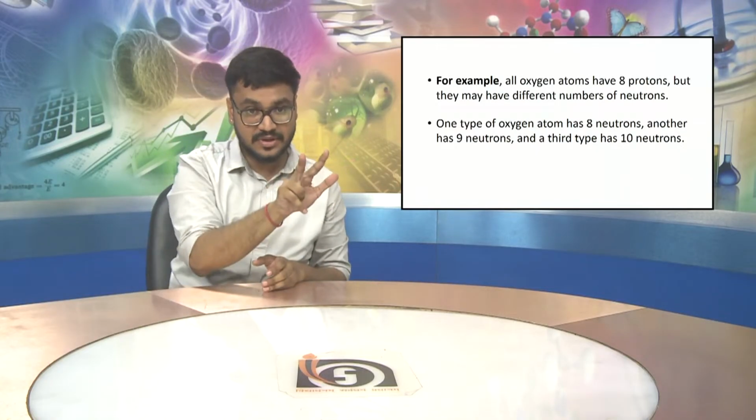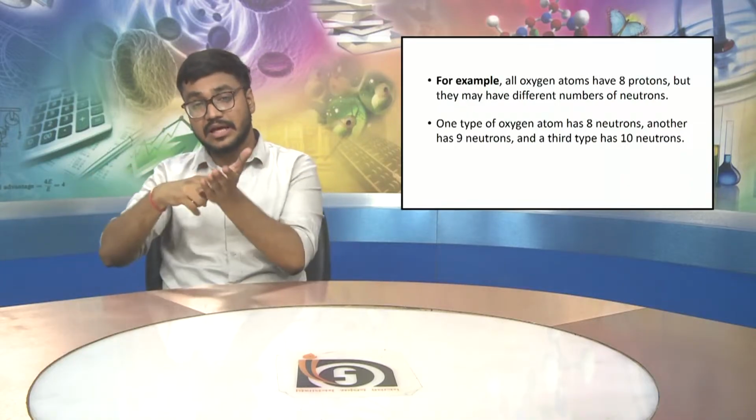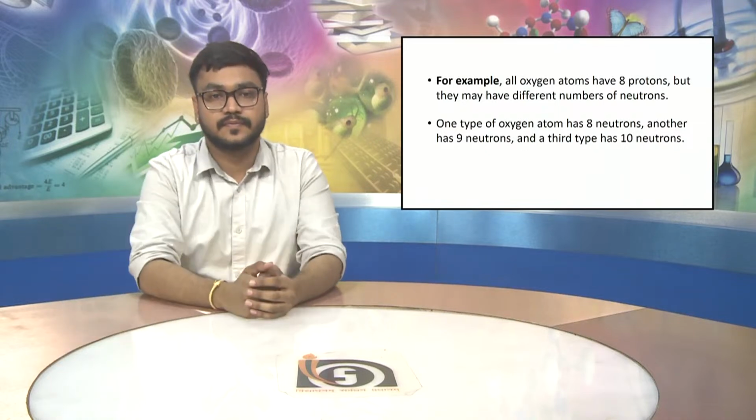One type of oxygen atom has 8 neutrons, another has 9 neutrons, and a third type has 10 neutrons.